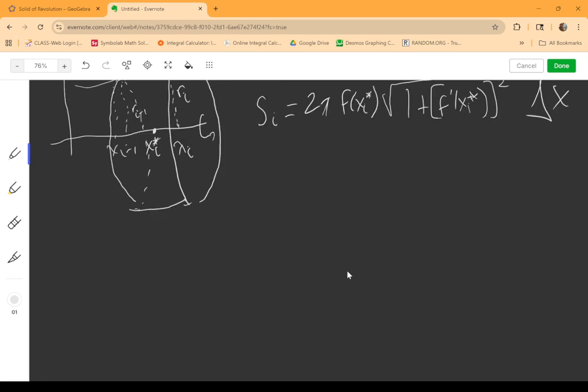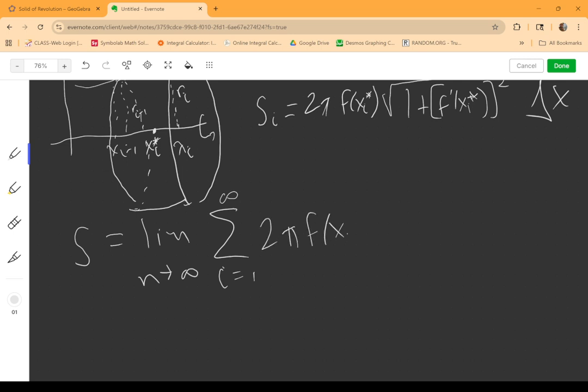to find an exact value, to find the surface area, we take the limit as n goes to infinity of the sum from i equals 1 to infinity here of 2 pi f of x sub i star square root of 1 plus f prime of x sub i star squared, delta x.